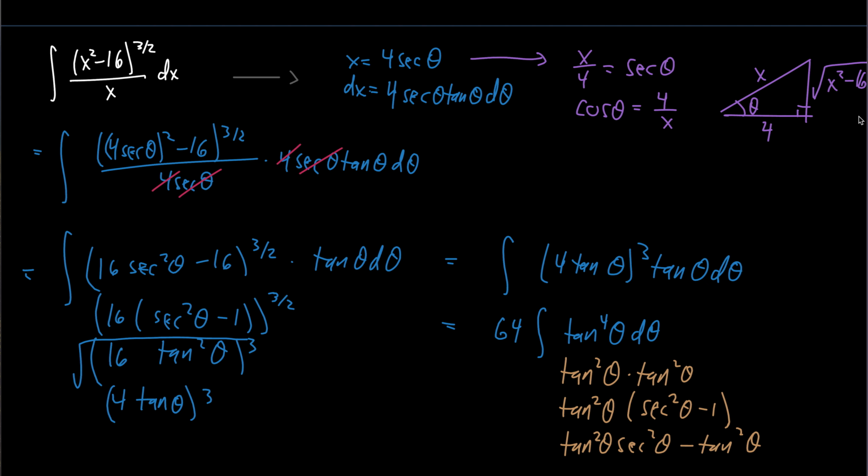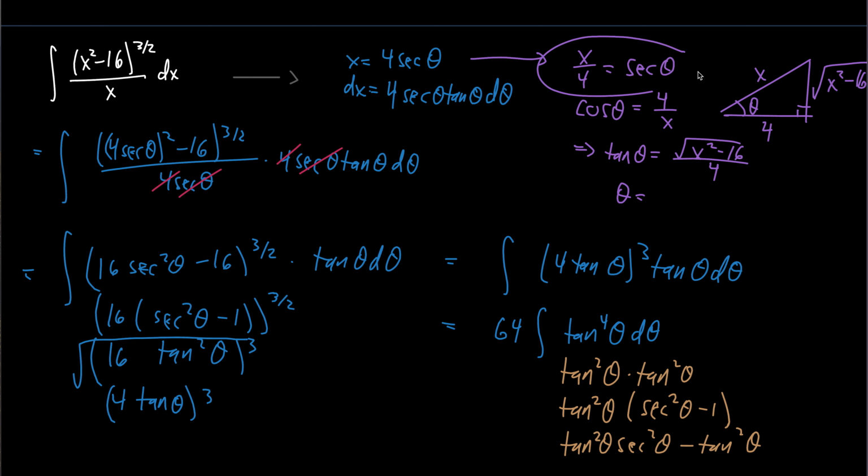Okay. And so with all this being said, remember that we were trying to find tangent of theta for our substitution way down below. So what would be tangent here? Well, tangent is opposite over adjacent. So tangent would be the root, x squared minus 16, all divided by 4. And subsequently, theta could be any version of what you want.